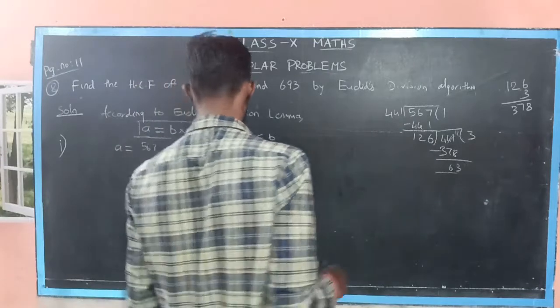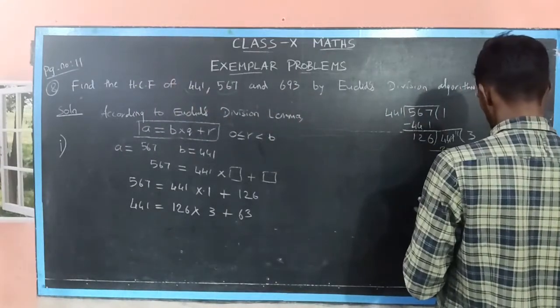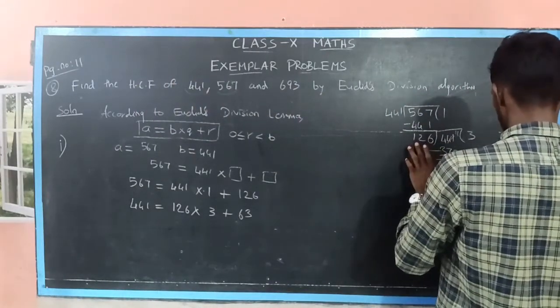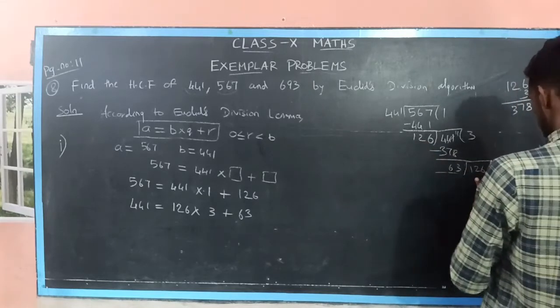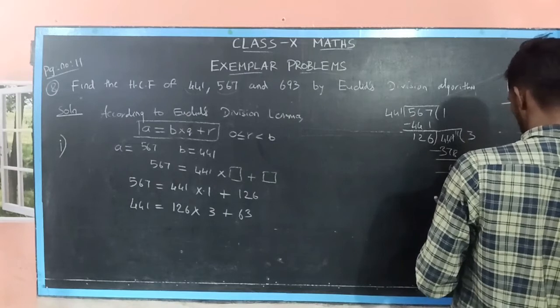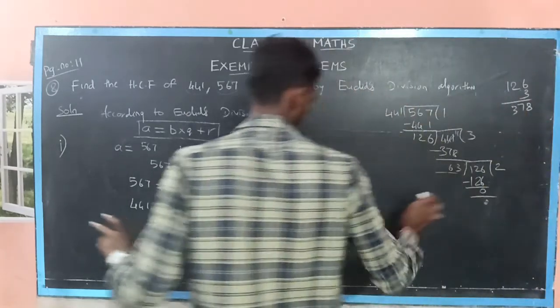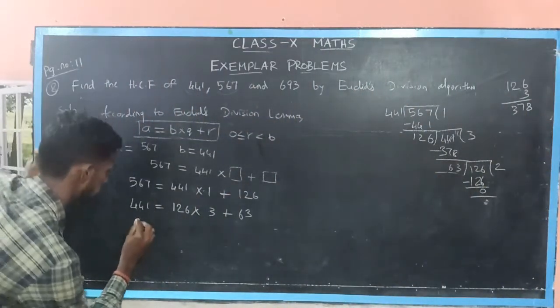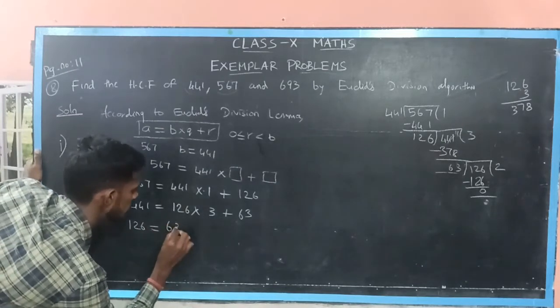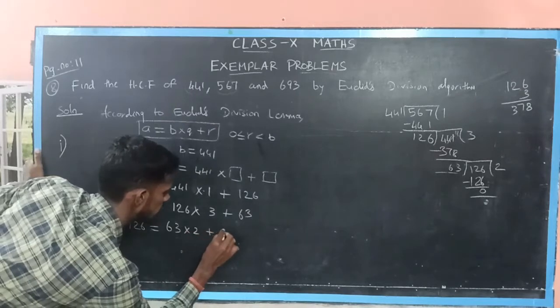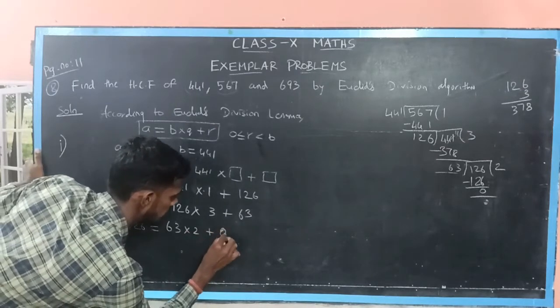Okay. So in this step 63 becomes the divisor and 126 becomes the dividend. 63 into 2 gives 126. So I am getting the remainder value 0. Then 126 can be written as 63 into 2 plus 0. So the remainder value gets 0.